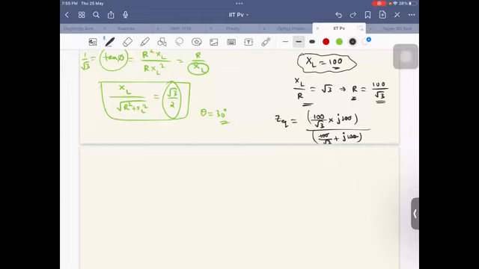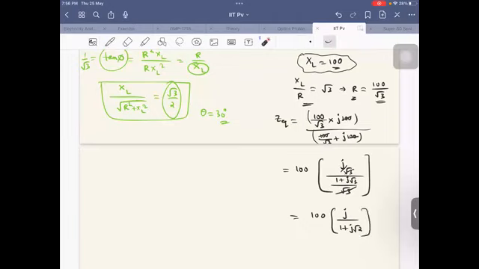If you take 100 outside, it is J by root 3 by, if I take LCM, 1 plus J root 3 by root 3. So root 3 will be cancelled, and we get 100 times J by 1 plus J root 3.